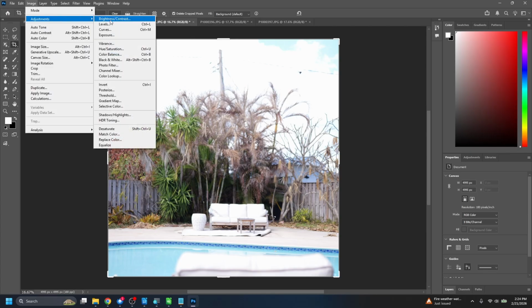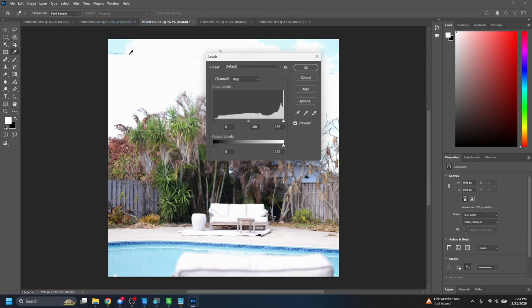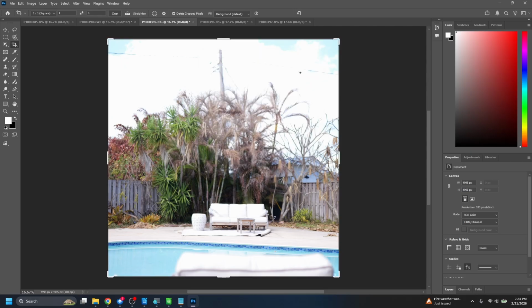Let's take a look at its histogram here. Image adjustments, levels. So again, we are exposed to the right. And there is definitely some data loss here, but it's not as bad. We have more data. The histogram spans almost the entirety here, which is good.